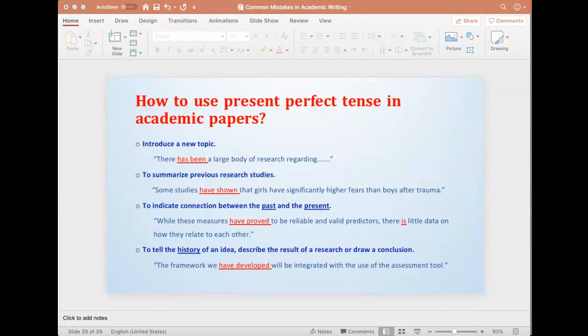And also to indicate a connection between the past and the present in terms of research. While these measures have proved to be reliable and valid predictors, comma, there is little data on how they relate to each other. So I'm trying to bring what other research in the past has come up with, plus what we currently are missing.